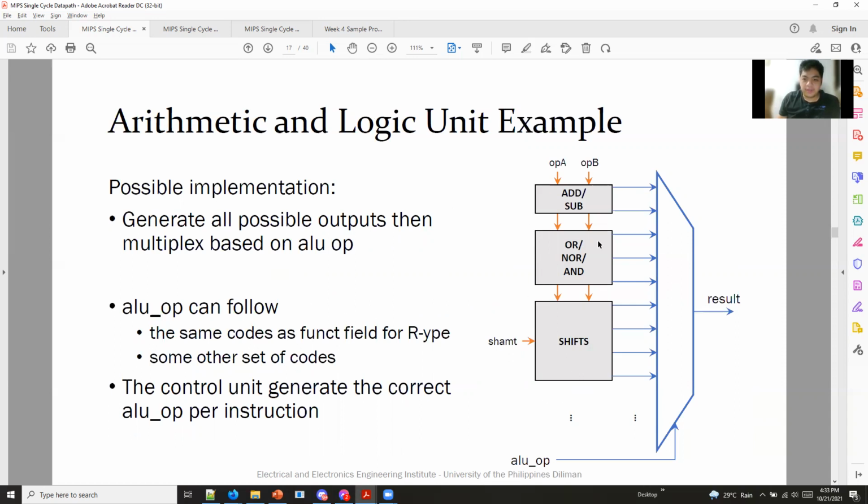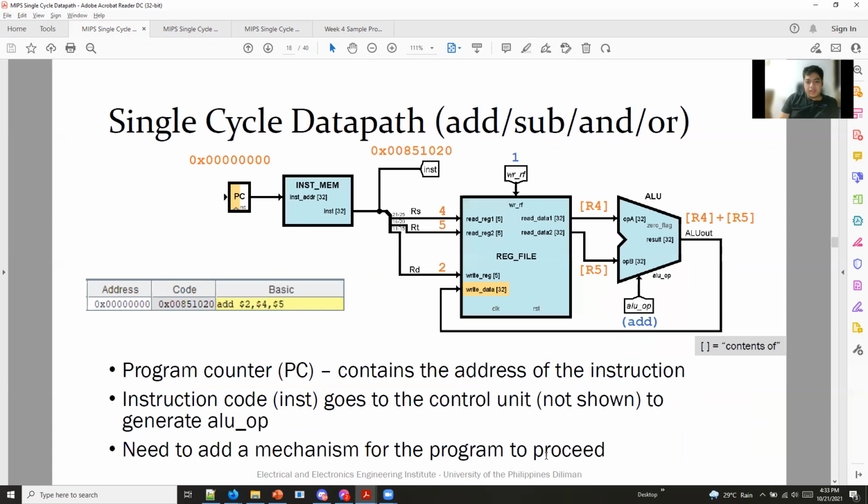So ganyan yung mga possible implementations niya. Meron siyang add block, meron siyang OR block, meron siyang shift block. Tapos naka-multiplexer yung result niya depending doon sa ALU operation. So ito yung medyo simple na data path if you want to support add, subtract, and or operations.